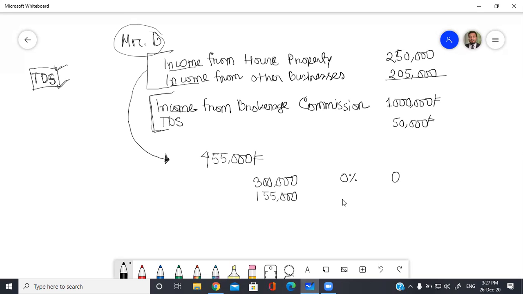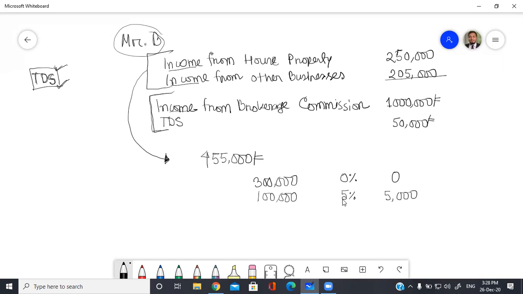The next slab is 100,000. Can you recall the next slab after 300,000? Sir, 100,000 at 5%. I cannot write 155,000 here, I need to write 100,000. The rate is 5%, so the amount here is 5,000.